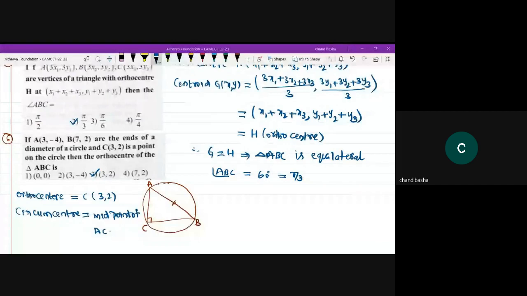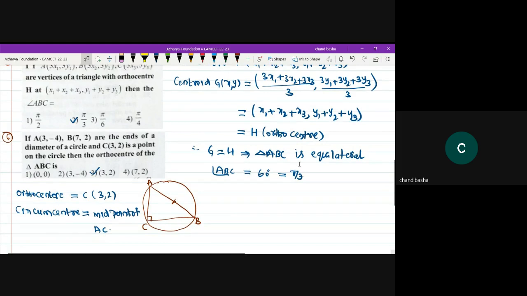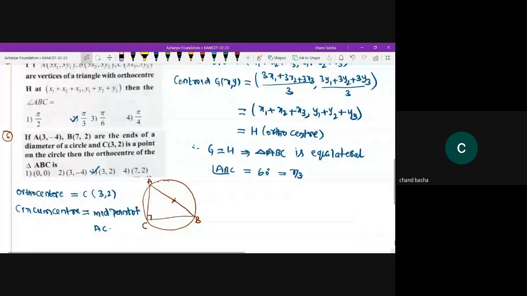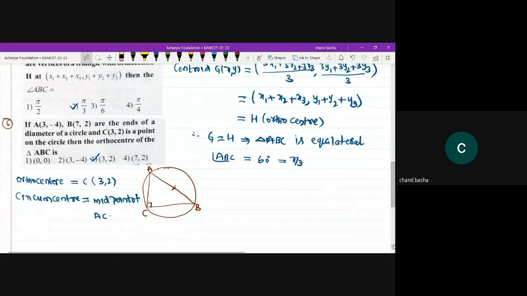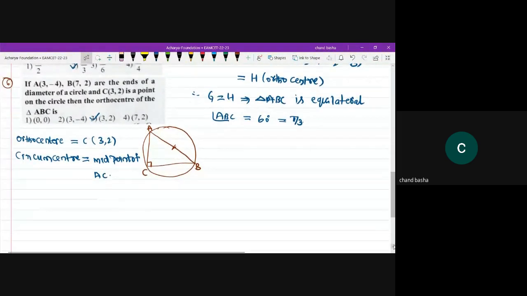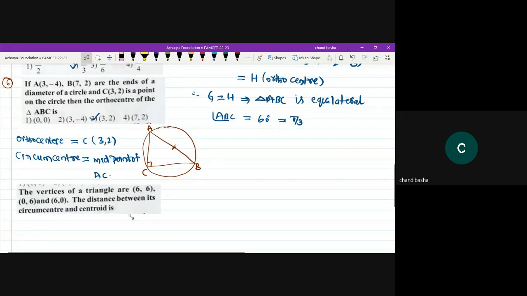Next one. Next question. This is also a simple question. That's 7. The vertices of a triangle will be given to you.